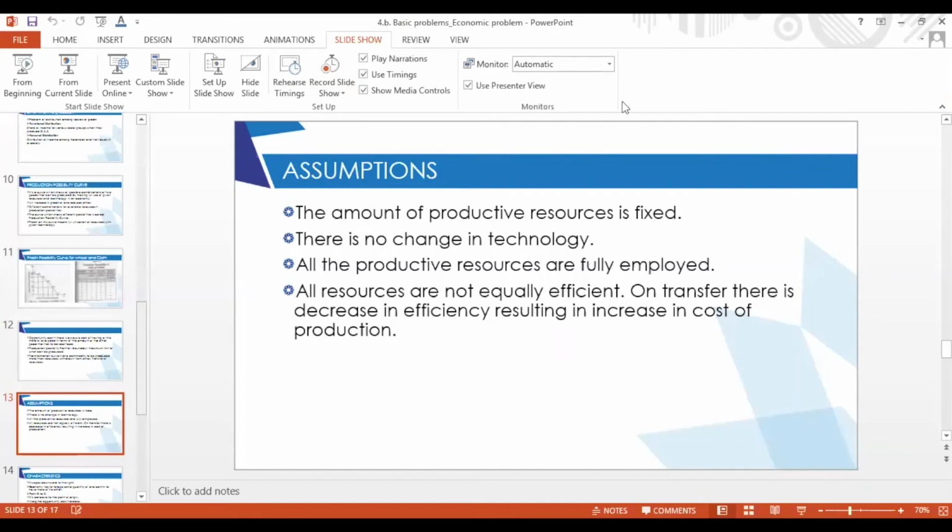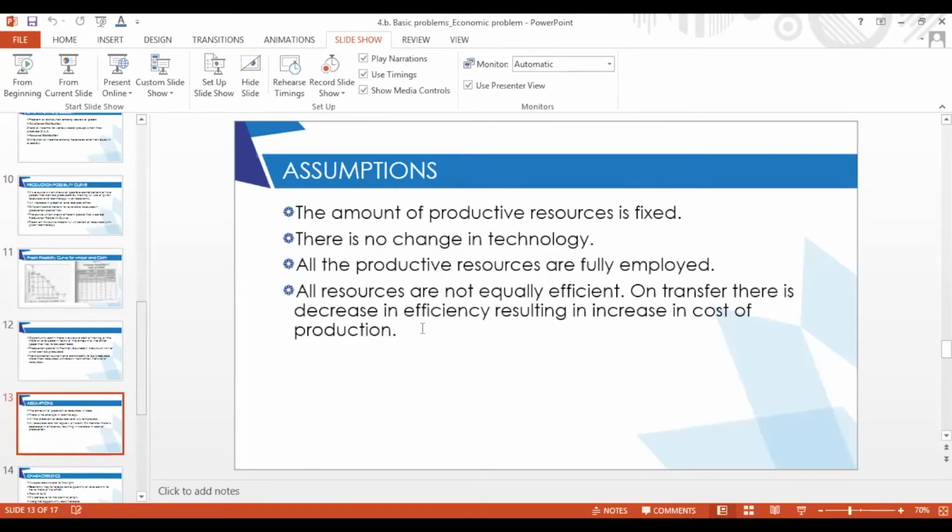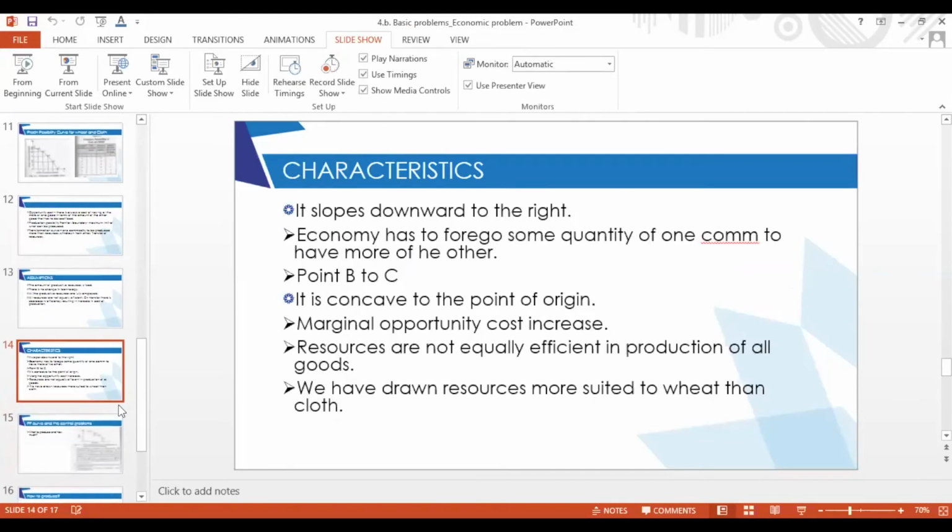Third, all the productive resources are fully employed, that means they are working at their maximum efficiency. And the fourth thing, which is connected to the opportunity cost, is that all resources are not equally efficient. On transfer, there is a decrease in efficiency resulting in an increase in cost of production. Are these clear to all of you?